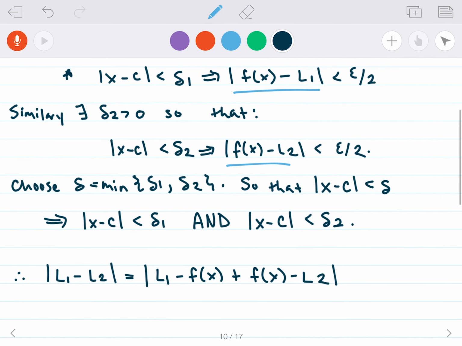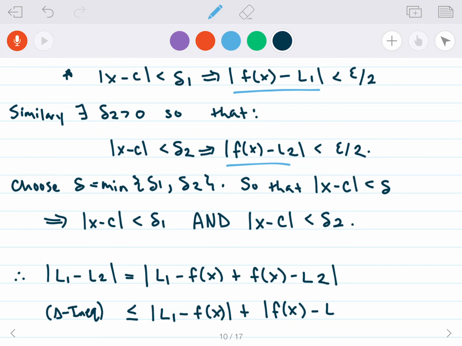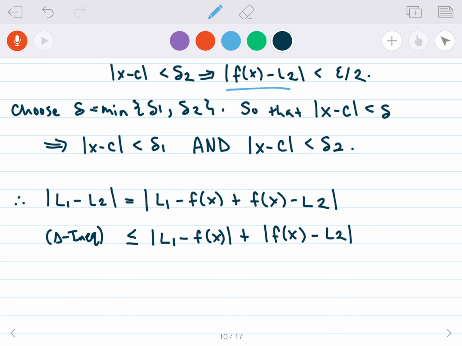And by the triangle inequality, this is going to be less than or equal to |L1 − f(x)| + |f(x) − L2|. And this is the same thing as |f(x) − L1|, if you just factor out a negative sign by properties of absolute value. So that's what I did there.